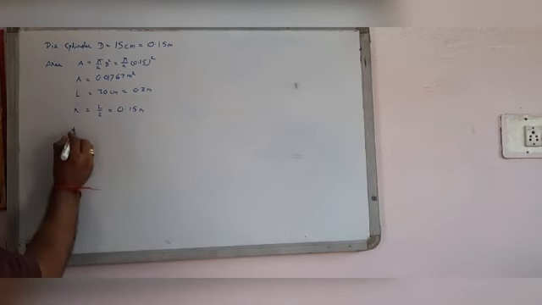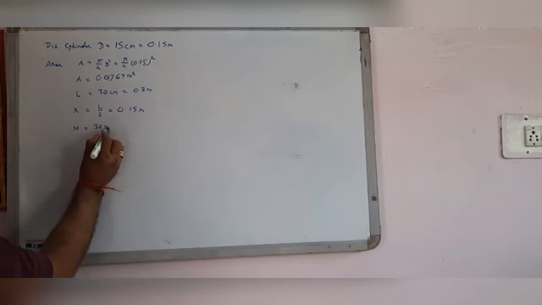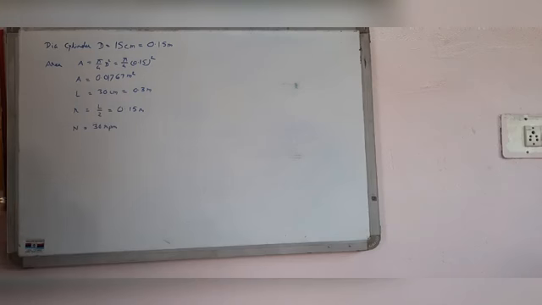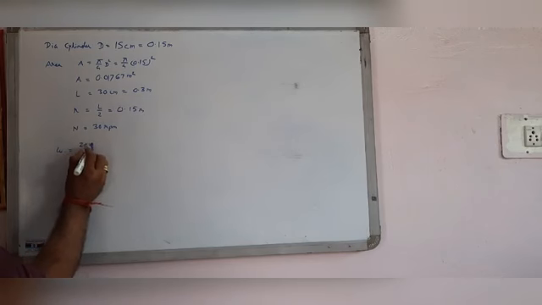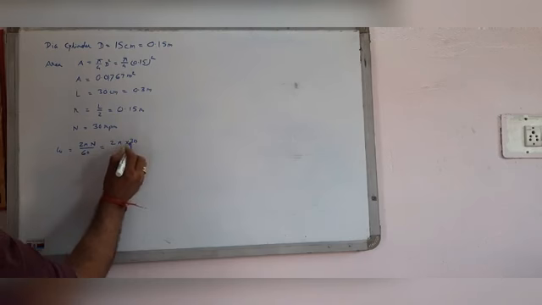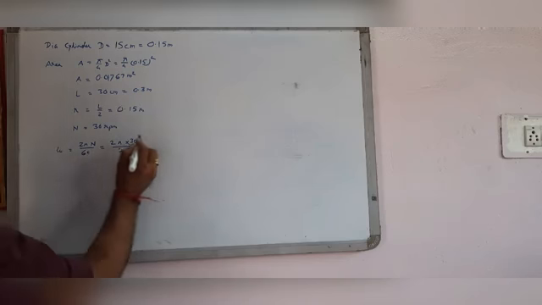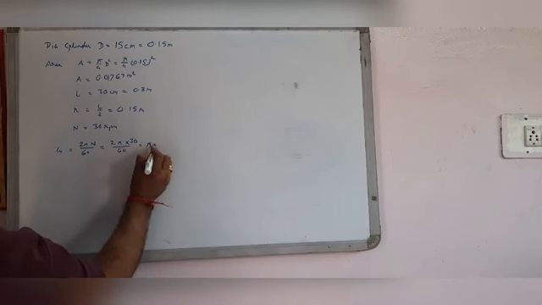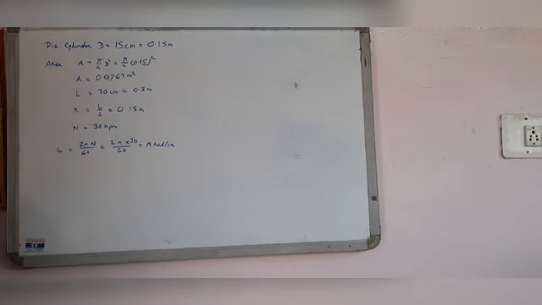Speed of pump is given 30 rpm. So angular speed omega equal to 2 pi N by 60, 2 pi into 30 by 60 equal to pi radian per second.